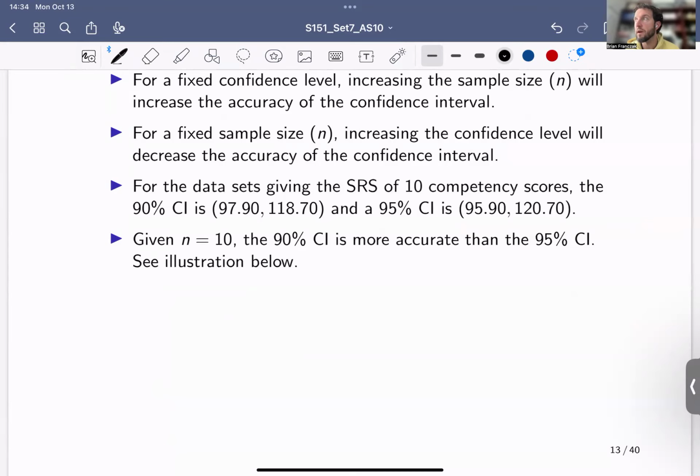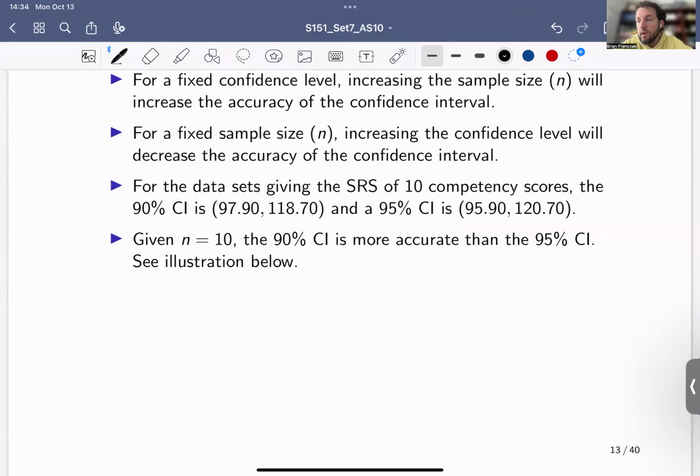That means that the bounds are going to be closer together. On the other hand, if we fix the sample size and we increase the confidence level, the interval is going to become wider, meaning the bounds are going to get further apart. So these first two examples are effectively saying that for the same confidence level, increasing sample size will return a tighter interval, which is to be expected.